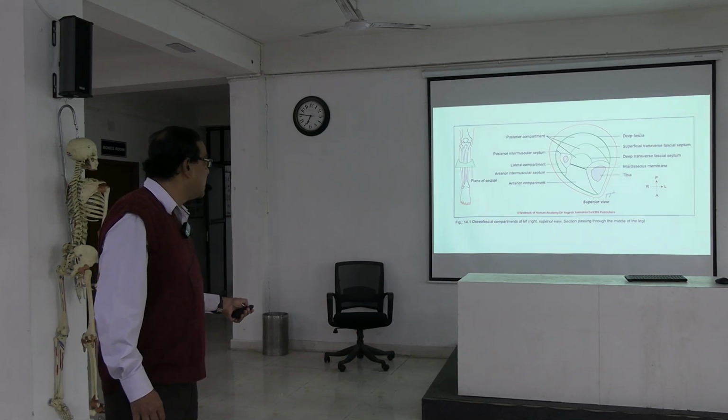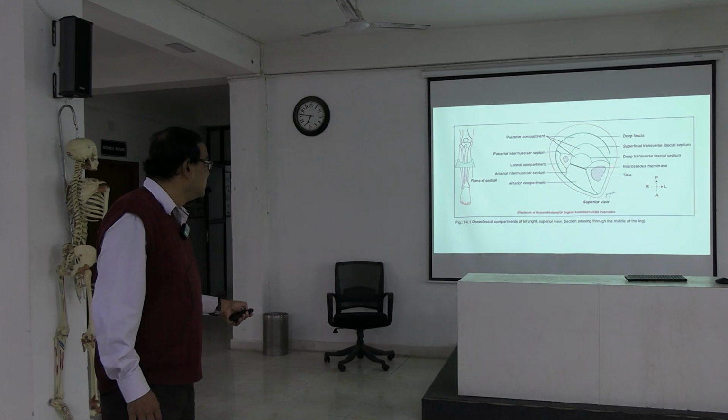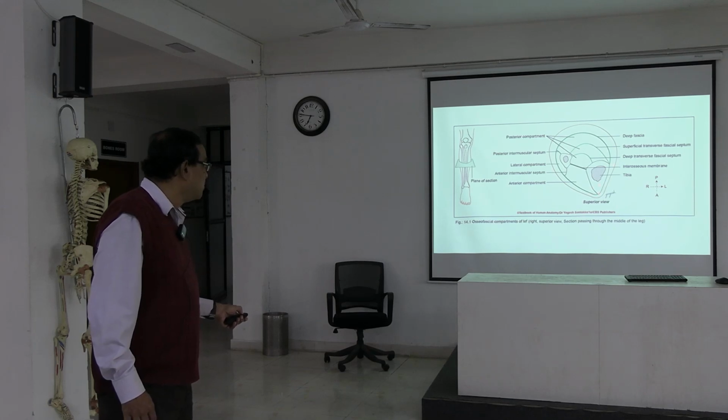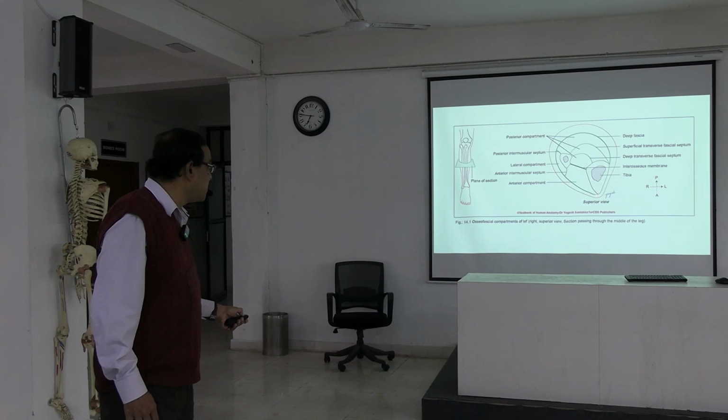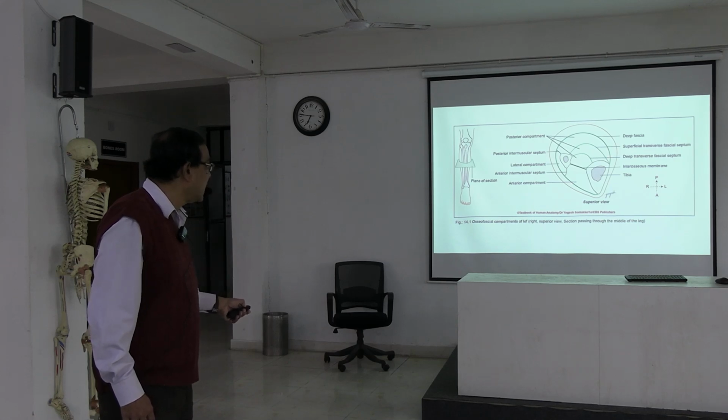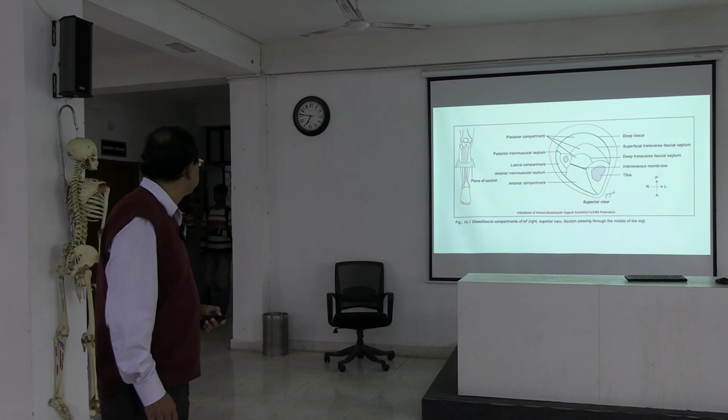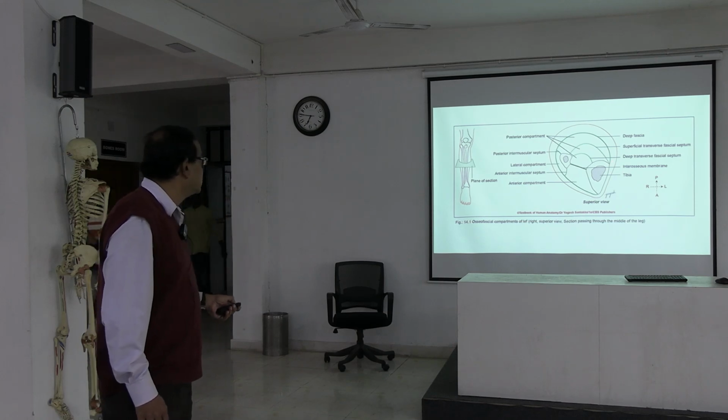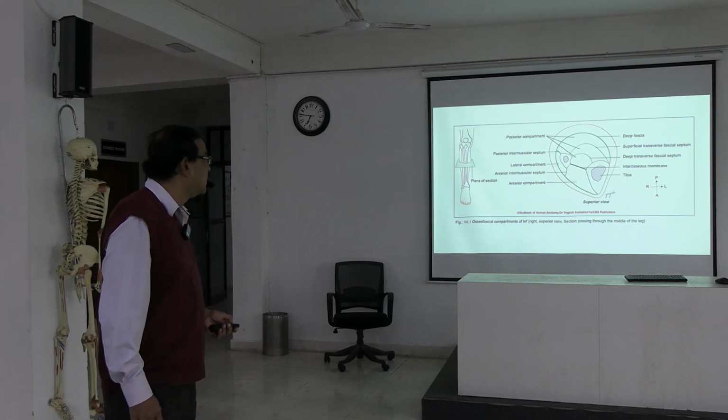From the tibia and fibula we can see the attachment of the deep fascia. It starts from the anterior border of the tibia, goes round the leg and ends here, that means at the posterior border.